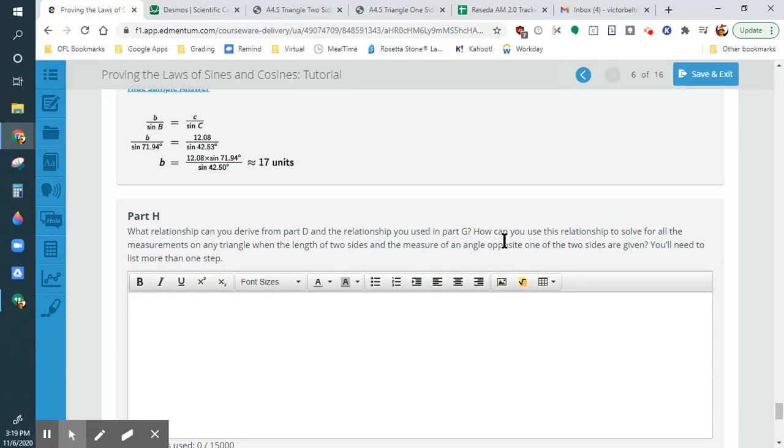So from D, can we derive anything from part G? How can we define the relationship of the angle measures opposite of this? This is just a proof of what we have already said in part 2.